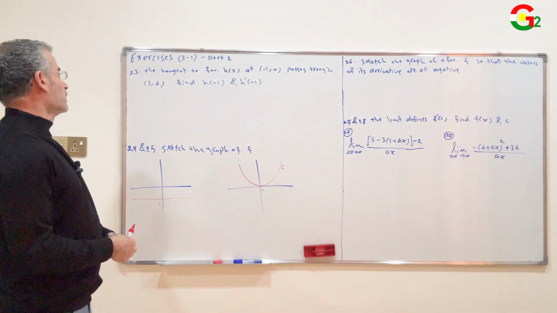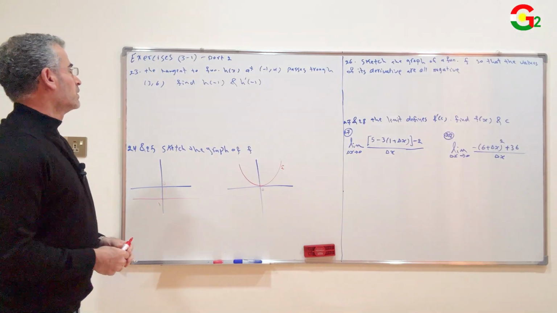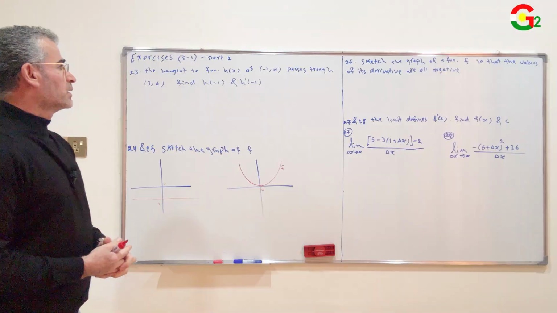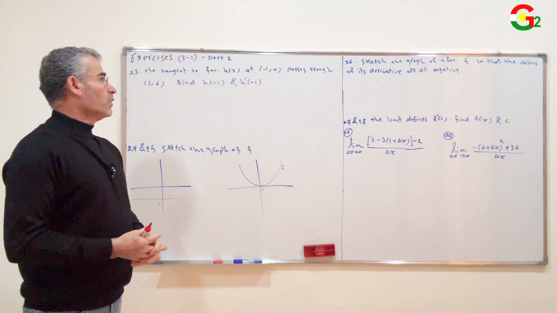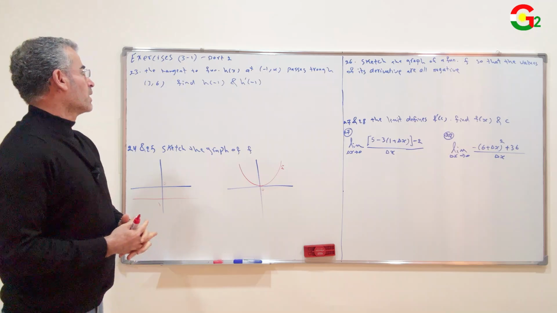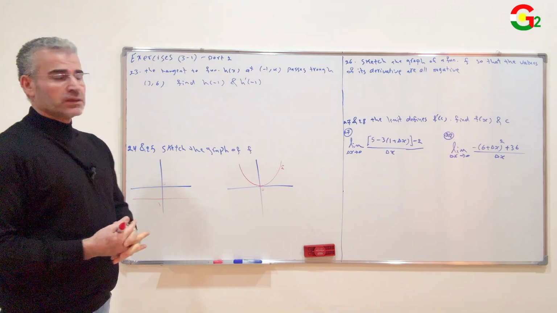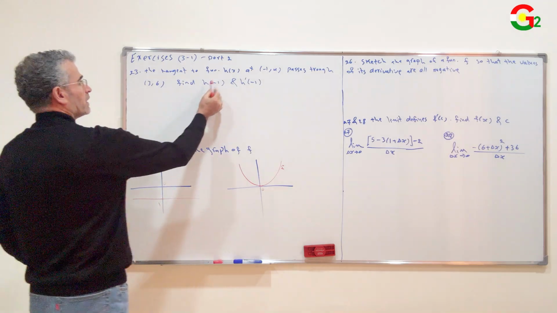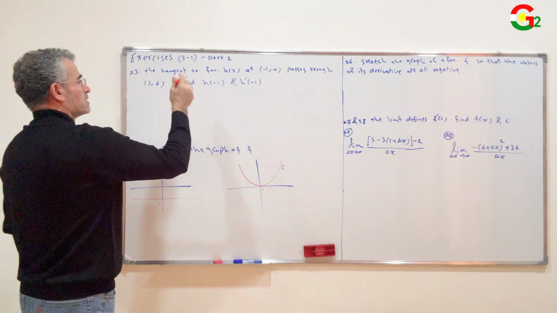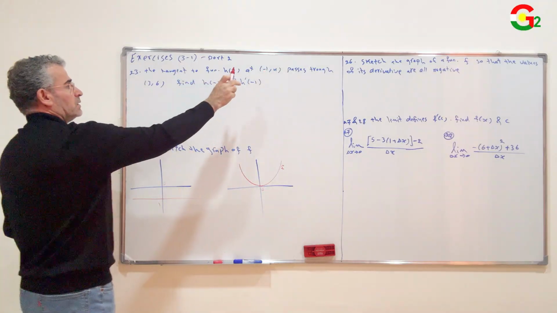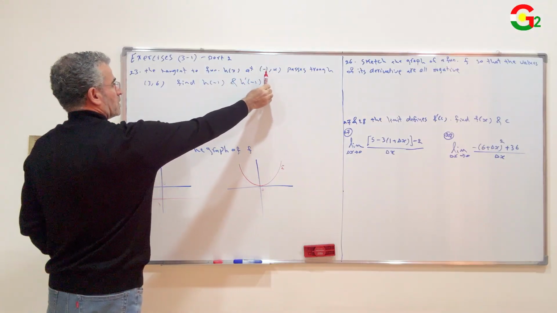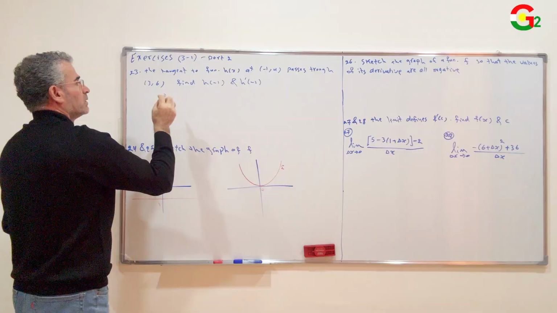Question number 23. The tangent of the function h(x) at the point (-1, 4) passes through the point (3, 6). Find h(-1) and h'(-1). h(-1) is equal to 4 since at the point of tangency the value of x is equal.